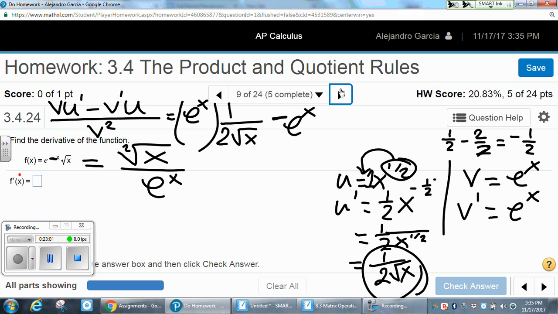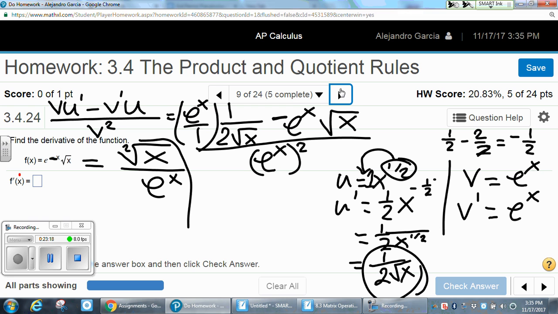Times u, and u was just the square root of x. And then what am I forgetting in the formula? Over v squared. Correct. So that was what? e to the x squared. And then remember, if we square that, what should I do with the x and the 2? Multiply them. So e to the 2x.